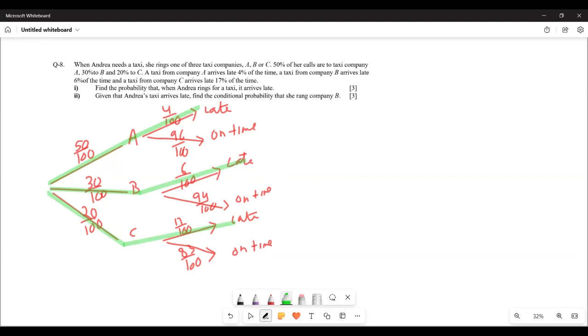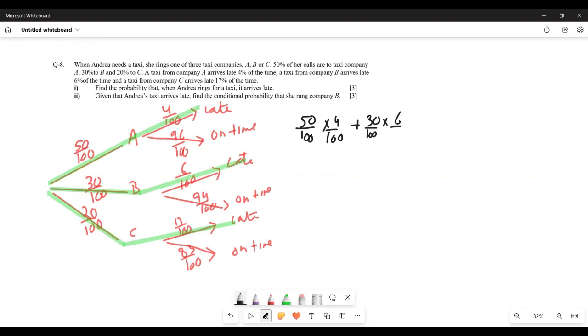So find all these products and sums. 50% times 4% plus 30 by 100 times 6 by 100 plus 20 by 100 times 17 by 100. 0.072 मैंने अपने पास लिखा हुआ है, but you should have a more accurate answer that you would use in part B.